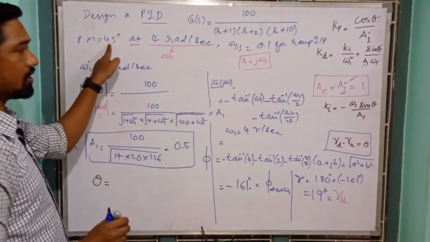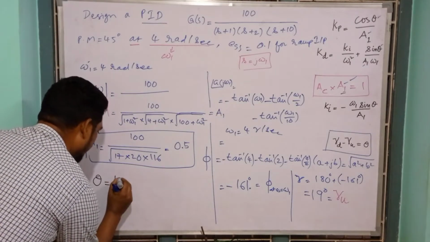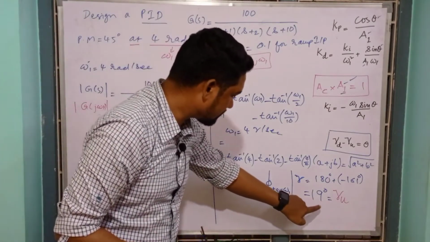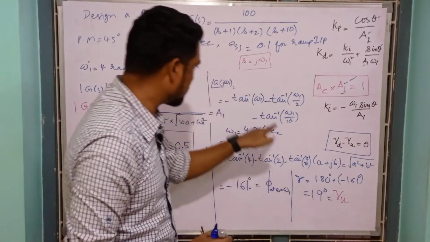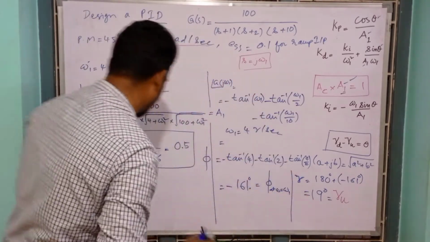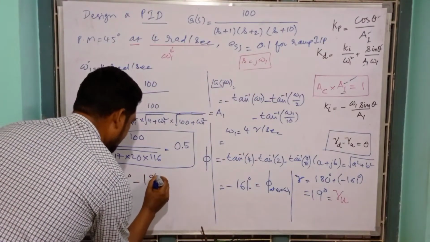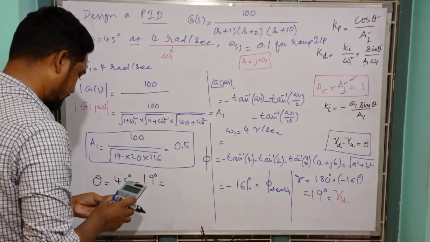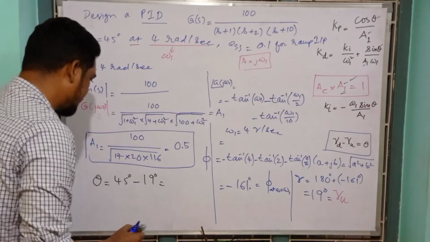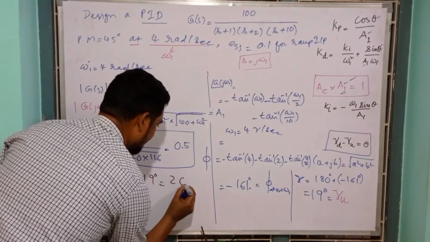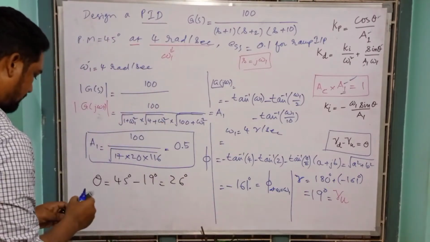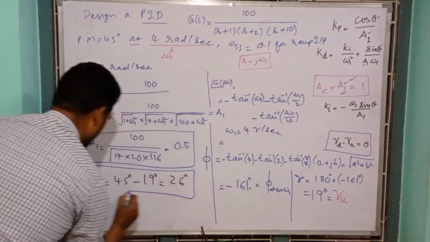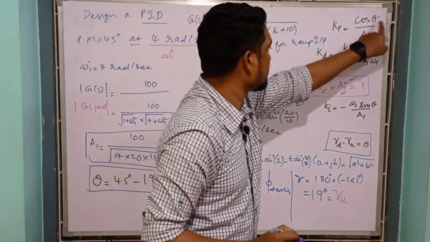So 45 degrees minus, just now we obtained, the phase margin of the uncompensated system at omega equal to 4 radians per second to be 19 degrees. So 45 minus 19, yeah guys, it's 26 degrees. Theta will be equal to 26 degrees. So this is the value for theta, which we plug in over here and over here later on.